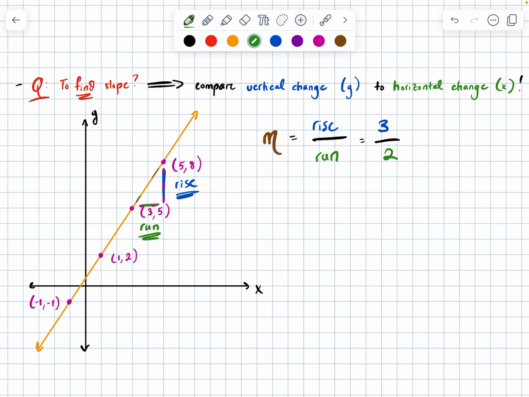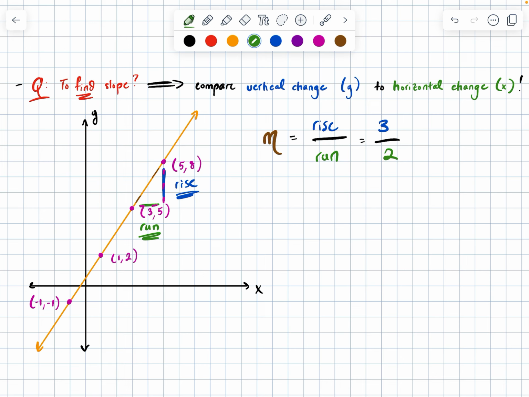3/2 is the slope. However, while I have the ability to use my graph to my advantage, sometimes I might just ask you to find the slope between 2 points, which means I won't always have this visual to count the rise and the run. Where do you notice that the 3 and the 2 could come from?